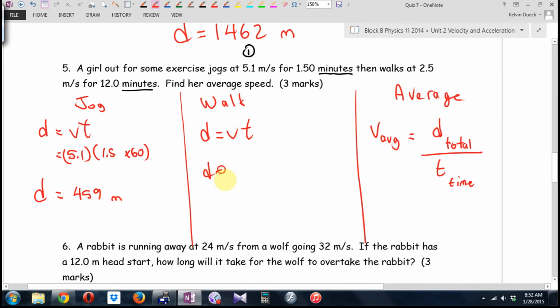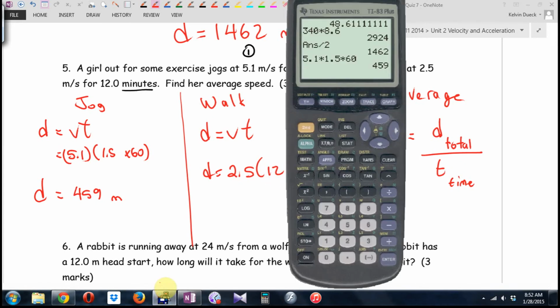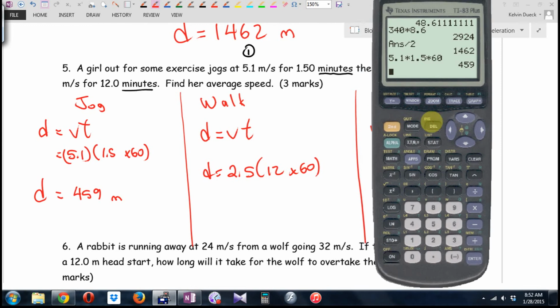The distance that she walked, 12 times 60, 2.5 times 12 times 60. She walked 1,800 meters.